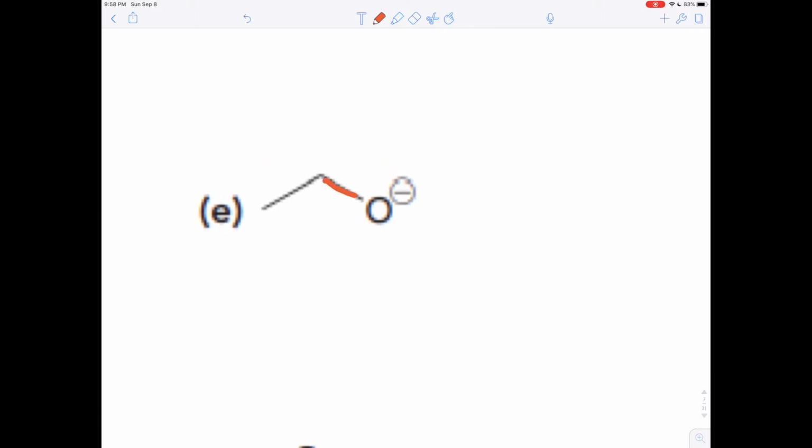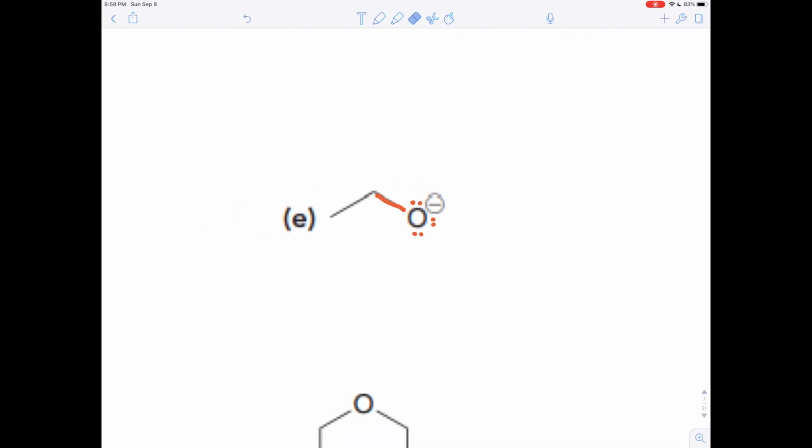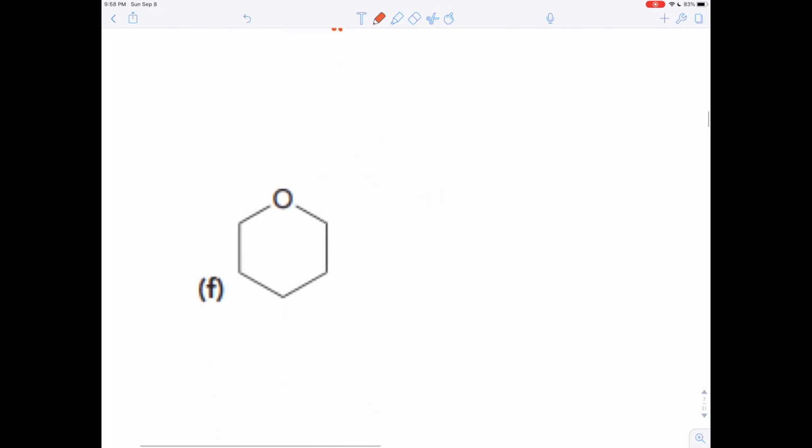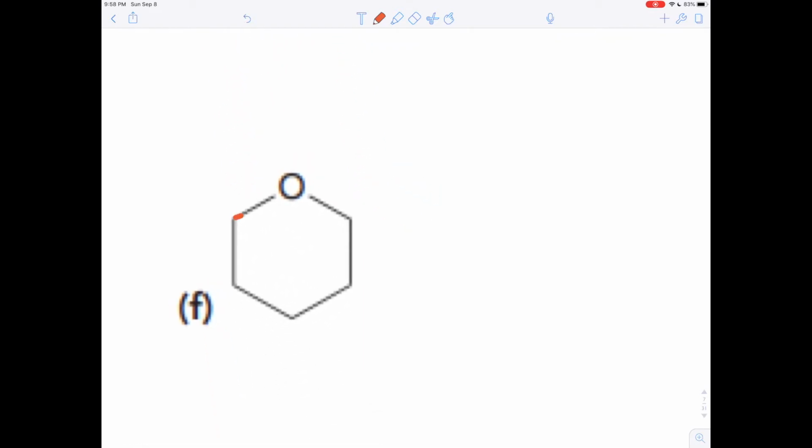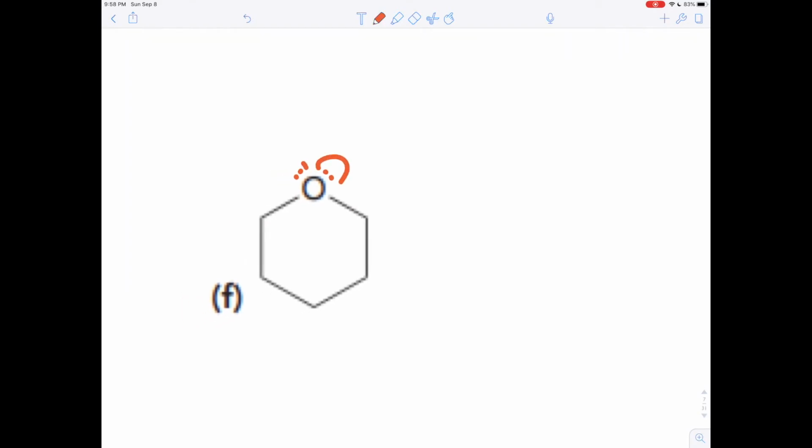This oxygen has only 2 electrons drawn around it, so you'd fill in the rest up to 8 with lone pairs. So there's 4, 6, 8. That oxygen has 3 lone pairs. This oxygen here has 2, 4 electrons around it, 5, 6, 7, 8. We fill in the rest with lone pairs, so that oxygen would have 2 lone pairs.